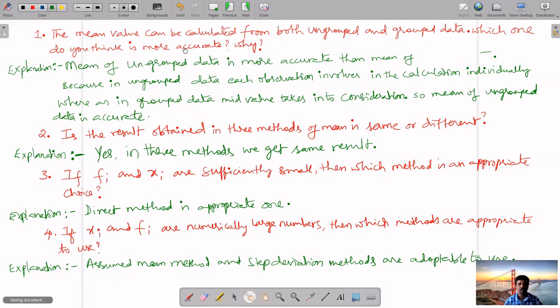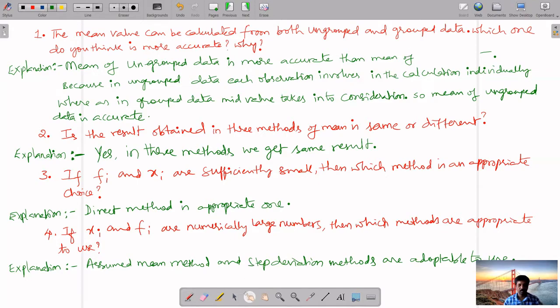Why? We can find mean, median and mode for ungrouped data and grouped data also. So the mean of ungrouped data is more accurate than the mean of grouped data.